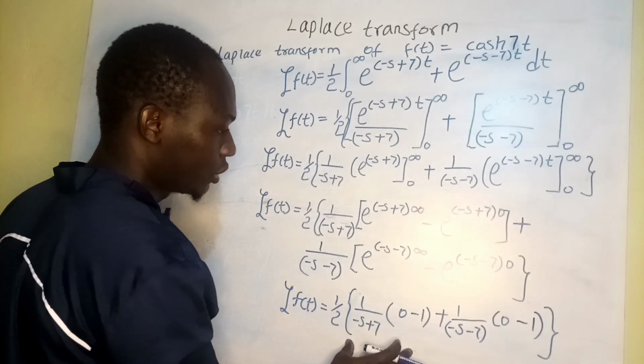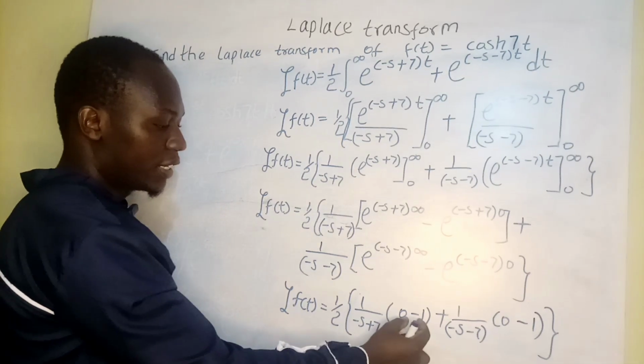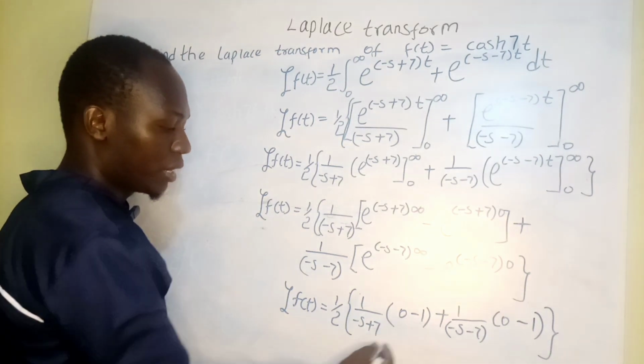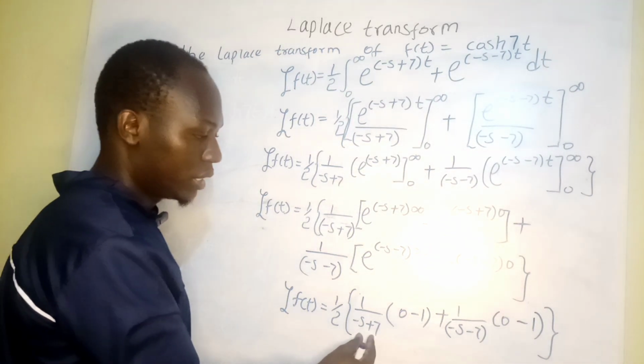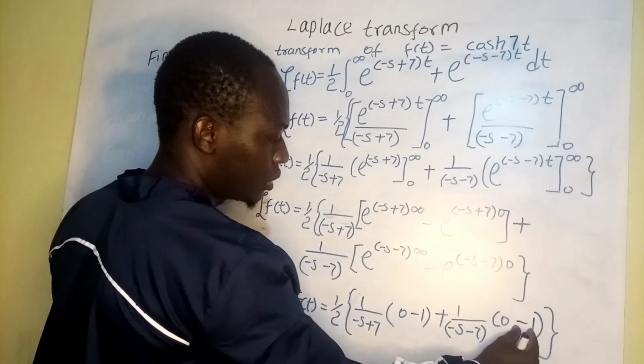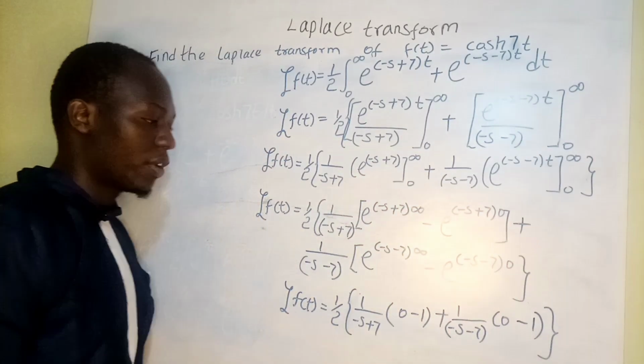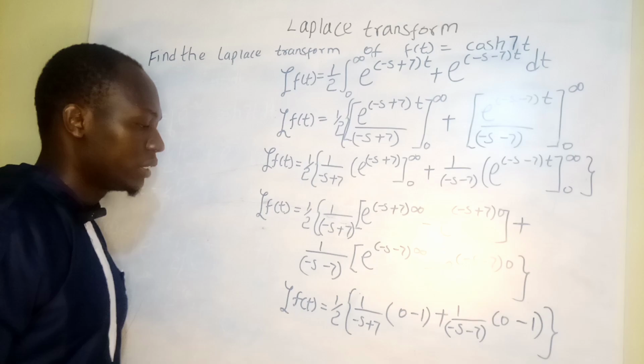Up to this point now, the negatives that we are seeing within this bracket are going to affect the denominators. And here this negative also is going to affect whatever we are having there on the denominator.